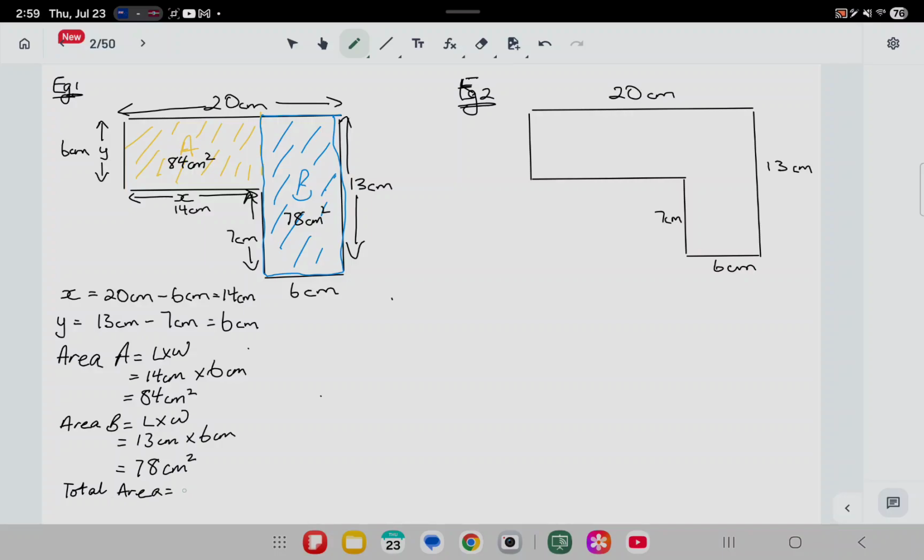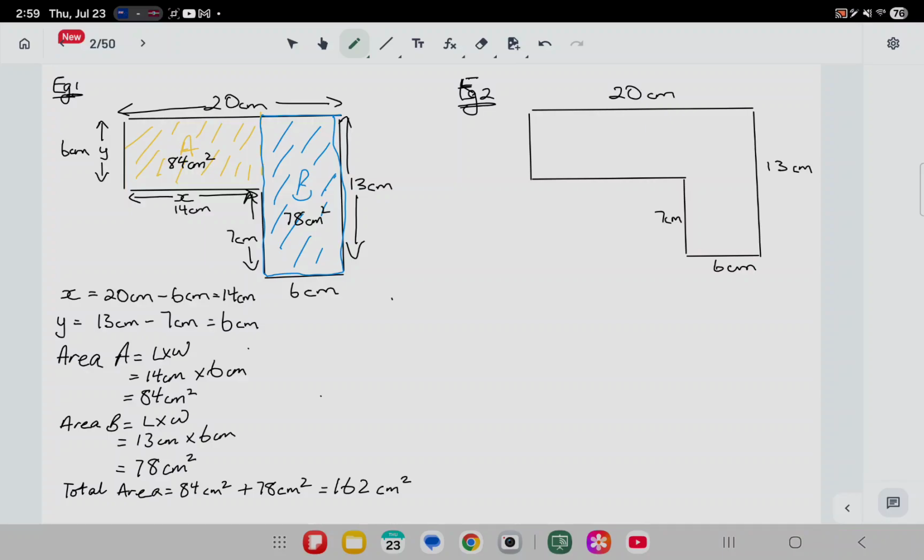So the total area would be 84 centimeters squared add the 78 centimeters squared, and 84 plus 78 gives us 162 centimeters squared. So we know now that the total area of the shape here is 162 centimeters squared.